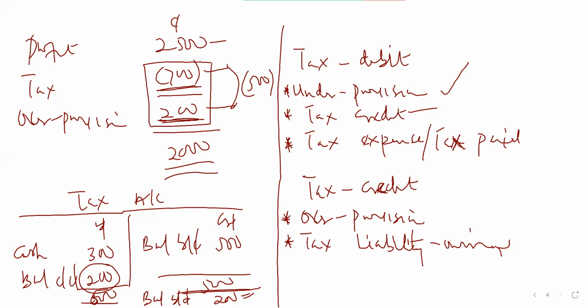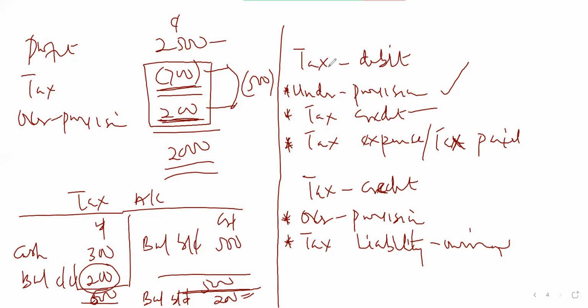Hello, sir. Yes, now. Please, with your tax account shown on the board, when we have the over provision, that also means that it's a tax liability or tax owings in the financial position.